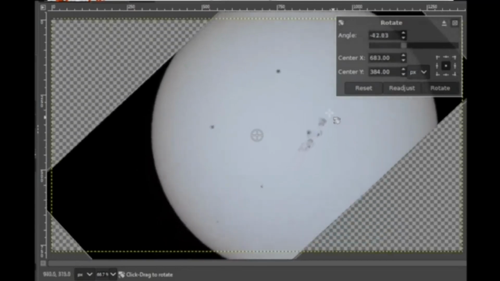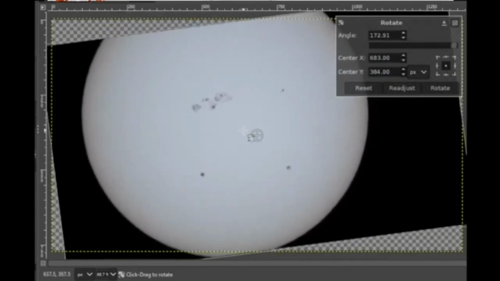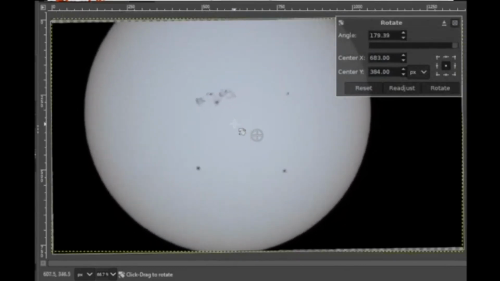So if we just take this back, way back to 180 degrees from the original, this would then take us to how the view of the sun would appear from the UK for someone watching the sun on the 24th of March very early in the morning.